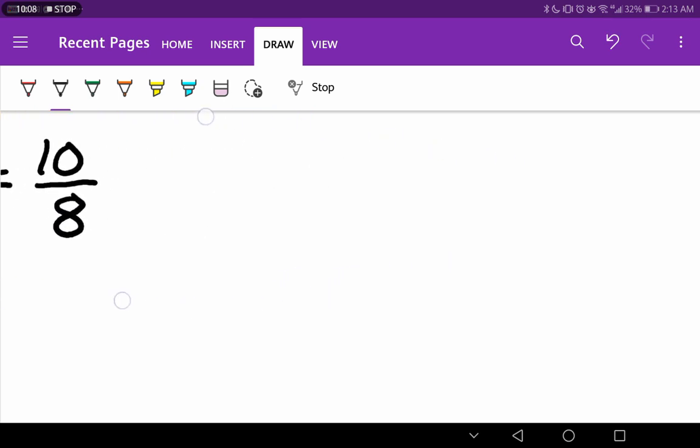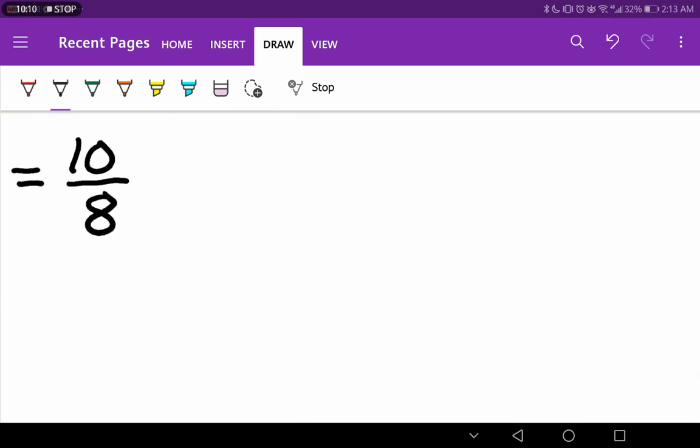Now, how many 8 in 10? Yes, it is 1. I draw this. Before this, can I simplify it before I do this? Actually, we have to check with the magic numbers. Don't forget that.